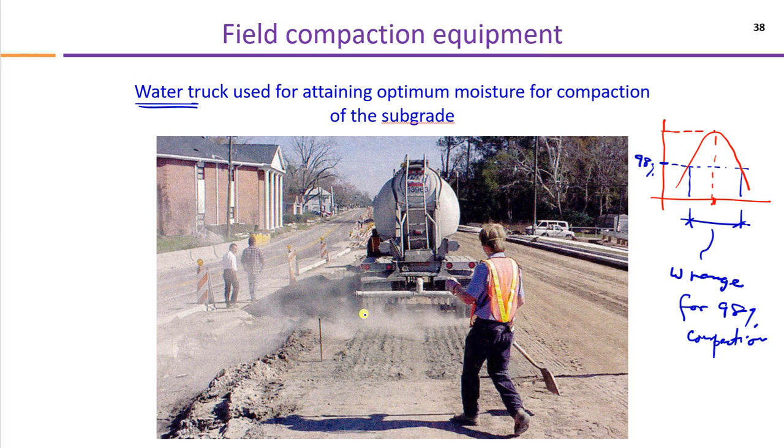Because this is not just one value but a wide range, any water content within this range should be fine for compaction. And with experience, the workers or foremen on the site very quickly understand what the moisture content is at the moment, and they are going to help us during the construction.